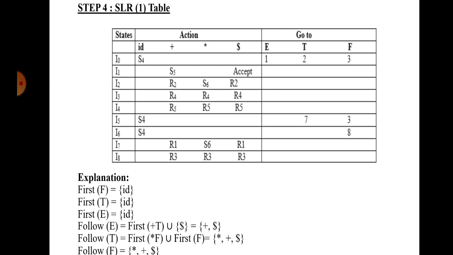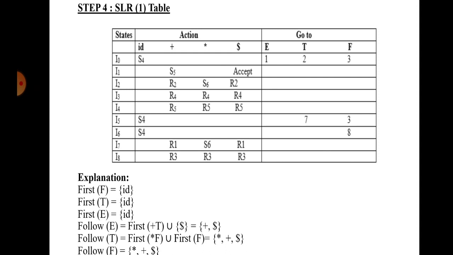The reduce value is written only for productions that have the dot at the end. After finding the dot at the end of the production, we find the follow value of the particular non-terminal.